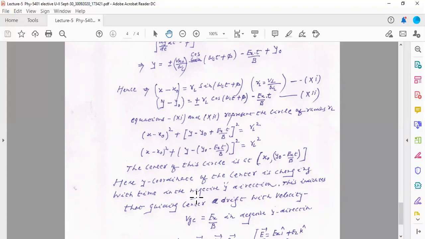This indicates that the guiding center is drifting with a velocity, that is the guiding center velocity, which is Ex over B in the negative y direction.